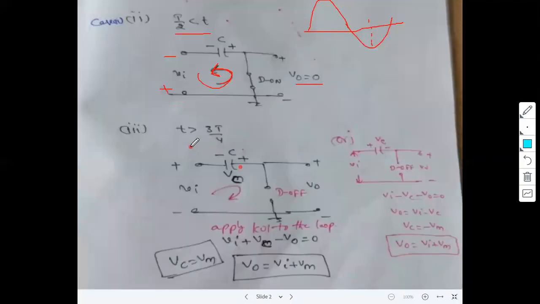Now t greater than 3T by 4, another quarter cycle. During this area, the capacitor voltage Vc is already charged to Vm.